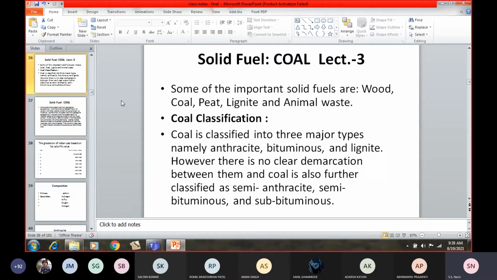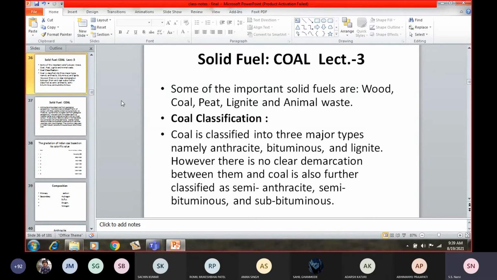Then after a longer time, the second stage of coal formation takes place, where water will be lost, isn't it? And then the semi-solid material which was peat started getting converted into solid coal. The second stage of coal formation is known as lignite.